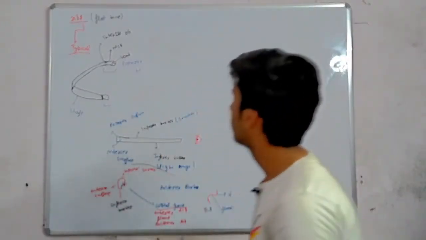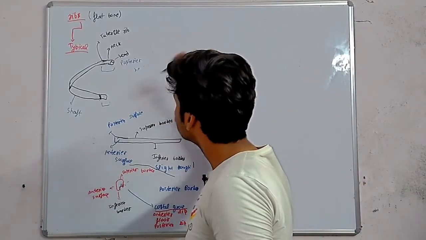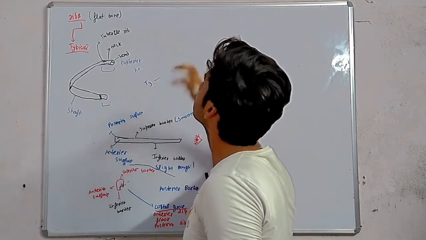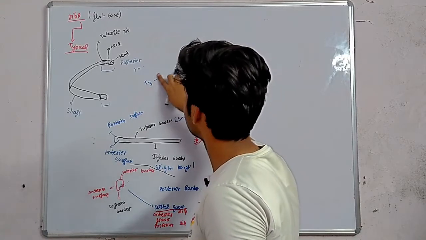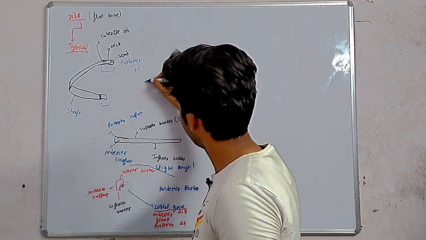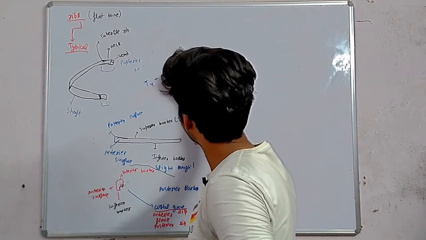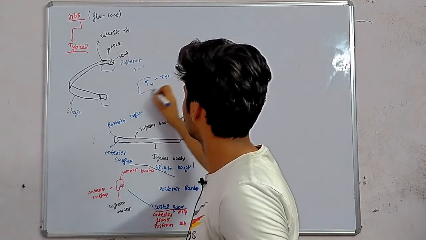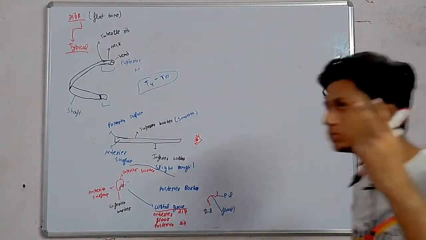Done. Typical ribs are T3 to T10. These are the typical ribs.